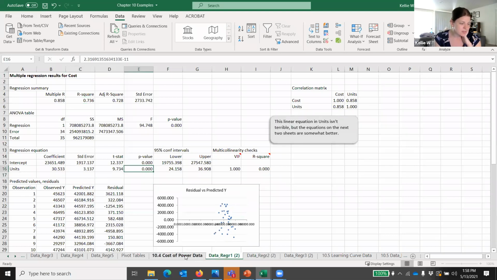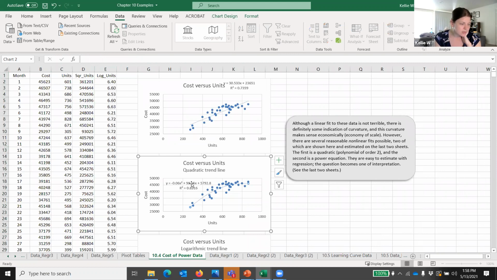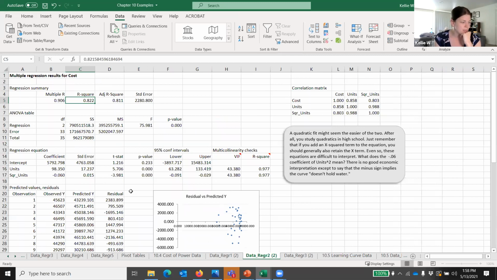So the equation here, where you have y equals some intercept plus ax plus bx squared. In this case, the coefficient for x, and then there's a coefficient for x squared. You get slightly better data.